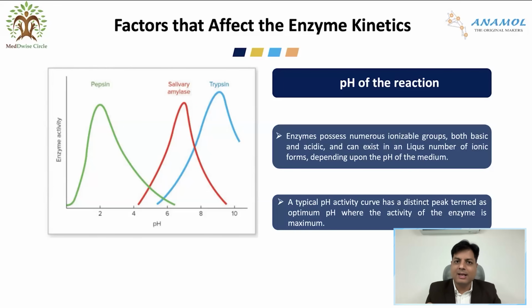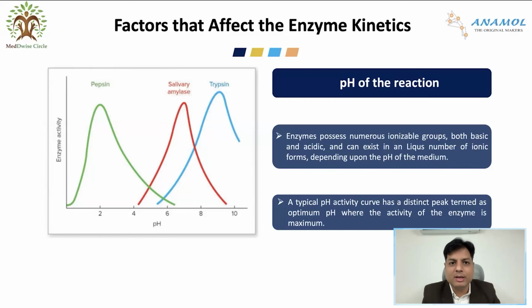Now, these are the areas that actually react with the substrate when they form the enzyme substrate complex. Since these areas are ionic in nature, the pH of the solution in which the enzyme is functioning plays a very crucial role, because most enzymes have an optimum pH at which they show maximum enzyme kinetics or maximum activity.